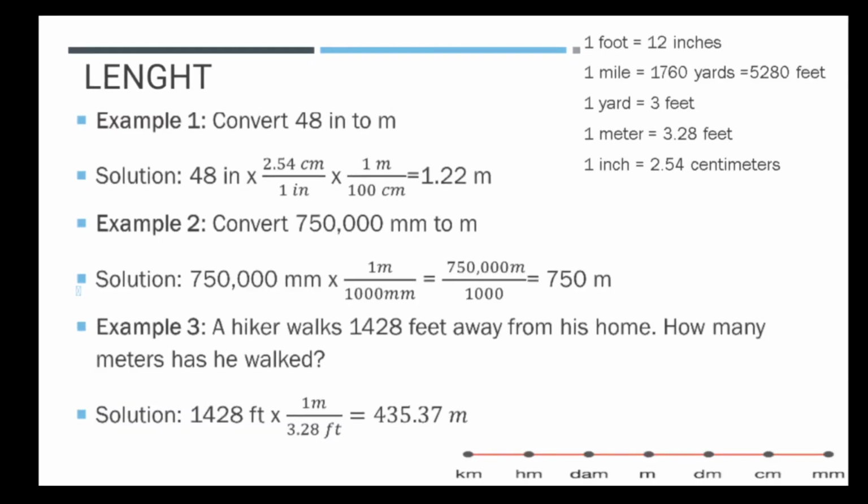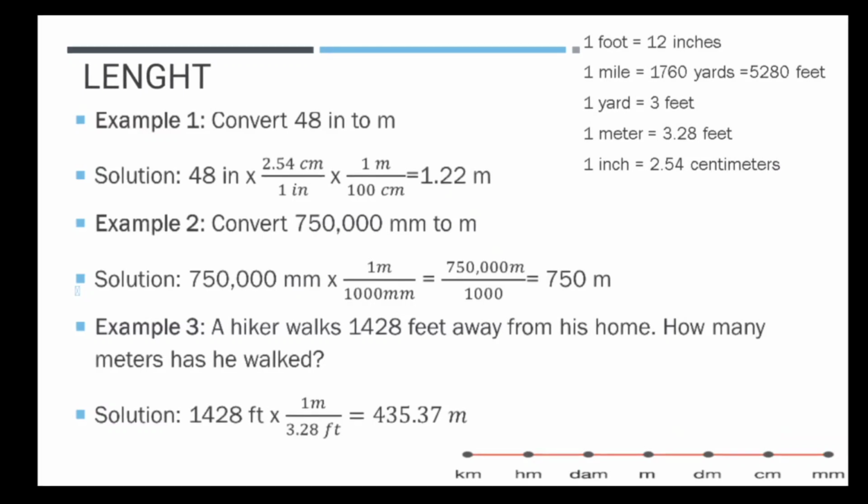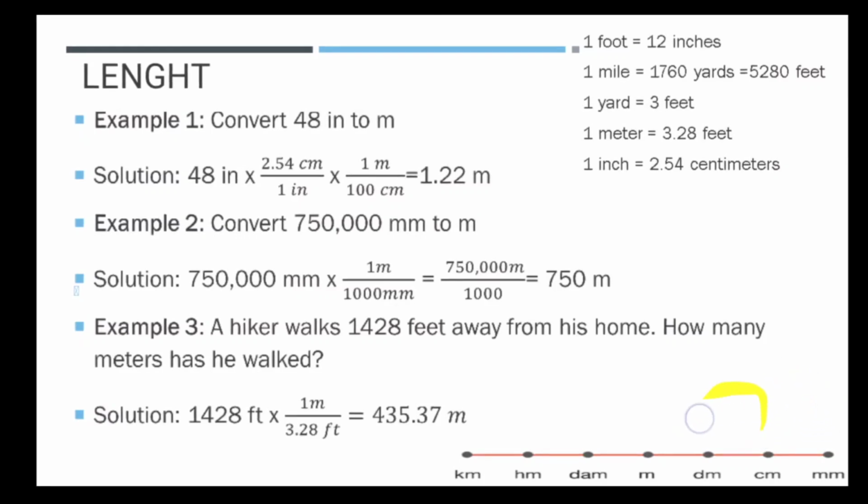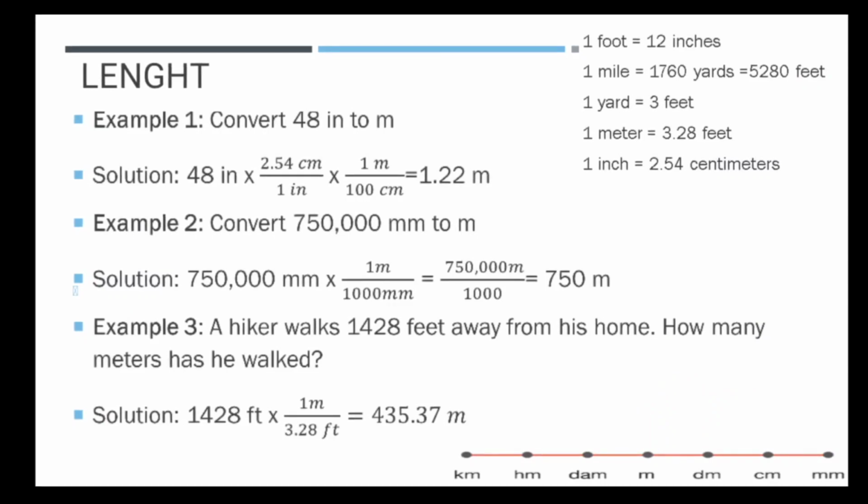Number 2, let's convert 750,000 millimeters to meters. As you can see, from here, millimeters, let's move to meters. 1, 2, 3. So 3 units. It means that 1 meter is equal to 1,000 millimeters. Why?